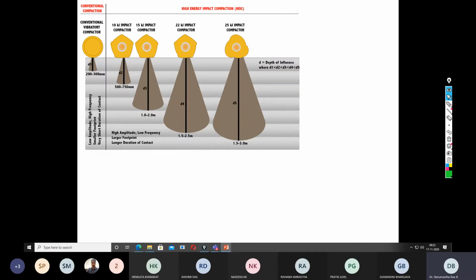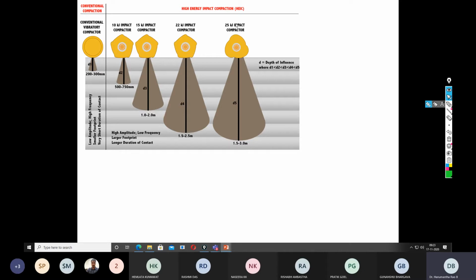If we recall, we were discussing conventional compaction, where the soil is compacted in a number of layers, but the thickness of the layer shall not exceed 200 to 300 millimeter. Wherever conventional compaction cannot be implemented, then we normally go for high energy impact compaction. When you resort to high energy compaction, we can vary the depth of improvement as shown here from D2 to D4, depending upon the amount of energy you apply, say 10 kilojoules or 15 kilojoules, 22, 25.